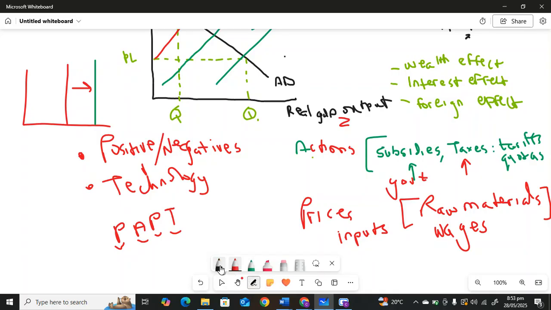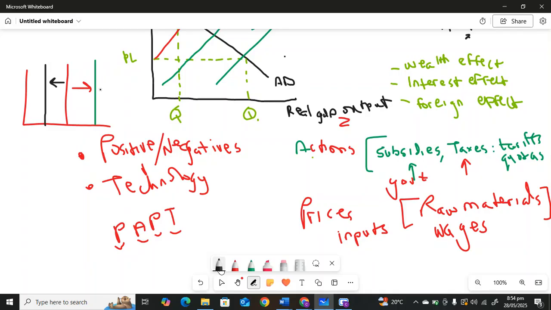Now, if you have less workers, less capital, less land, eventually it will shift like this. All right.